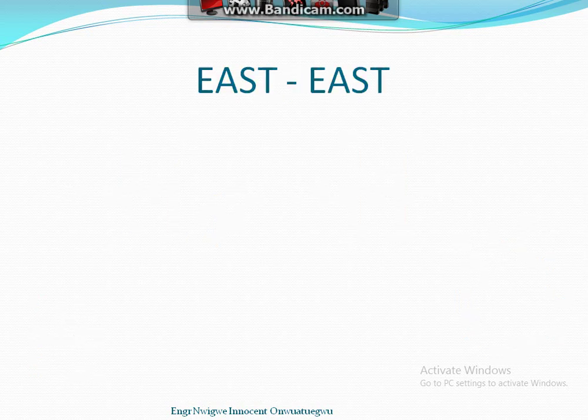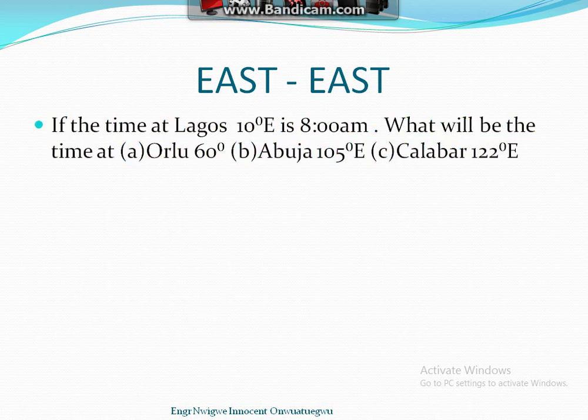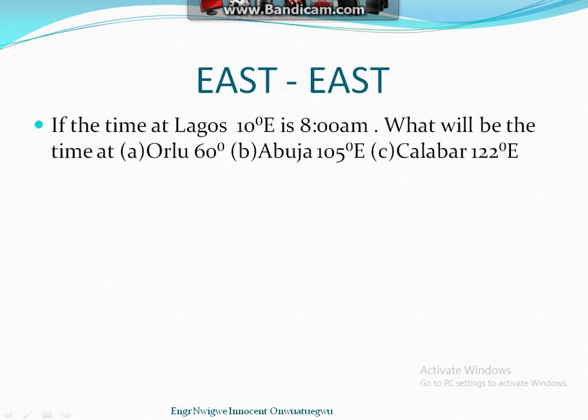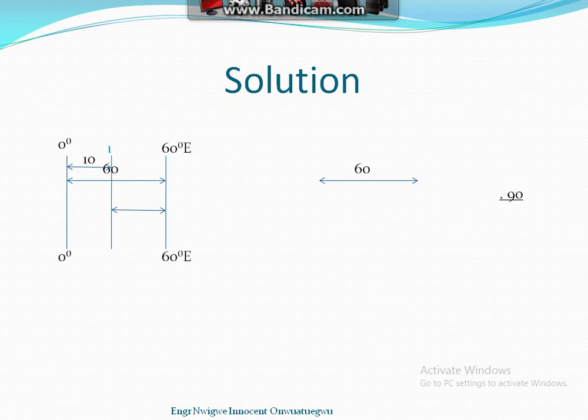Example: if the time at Lagos, 10 degrees east, is 8 a.m., what will be the time at A, Olo 60 degrees, B, Abuja 105 degrees east, C, Calabar 122 degrees east? From the prime meridian, Lagos 10 degrees east is 8 a.m., while Olo is 60 degrees east.